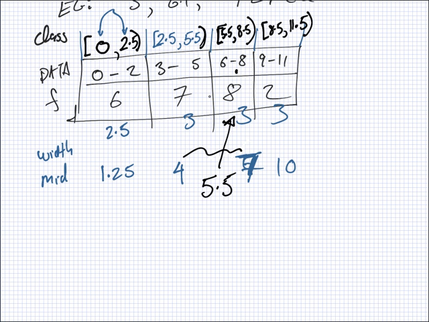But what you could do is reconstruct your data. For example, here you have 6 numbers between 0 and 2.5. What is your best guess at what those 6 numbers could be? 2.5, 2.5, 2.5, 2.5, 2.5, and 2.5. Is it really 2.5 six times? No, because if it was, we would have just used a frequency table.